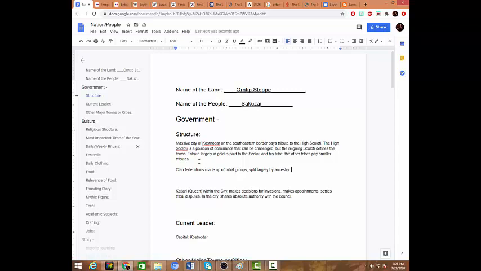So a Skolatai has command of their own tribe, but then there is likely a Skolatai who commands this entire clan. Then the High Skolatai is nominally in charge.